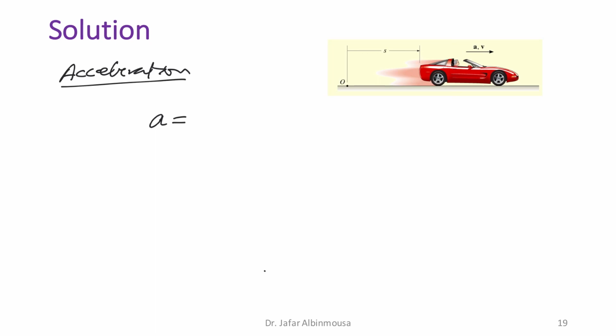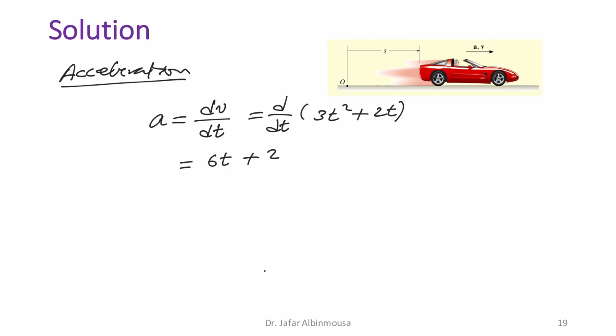a is equal to dv over dt, which is equal to d over dt of 3t squared plus 2t. Now, if we do the derivative, we will get the acceleration as 6t plus 2, which means that the acceleration is not constant.